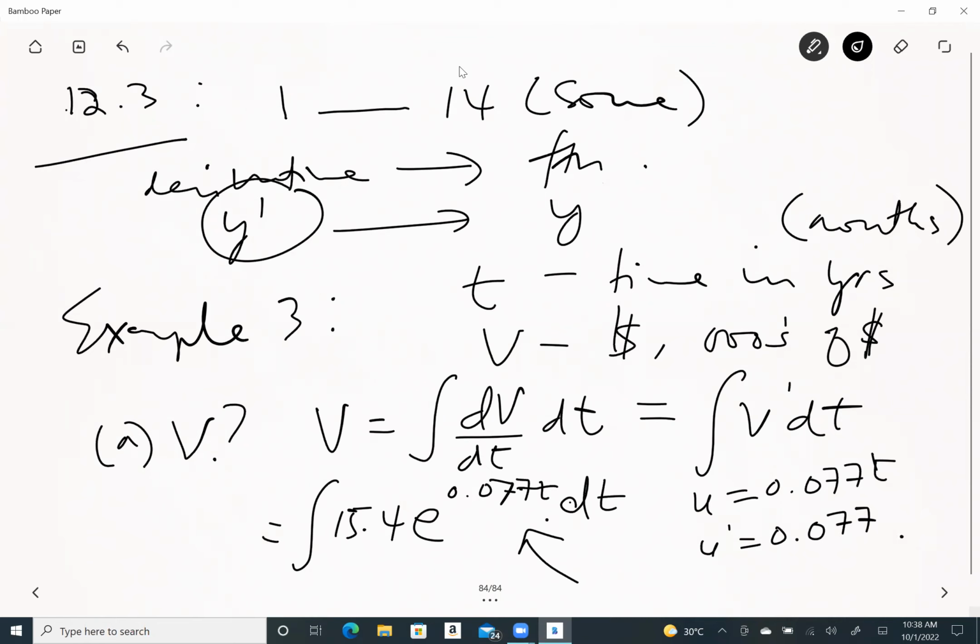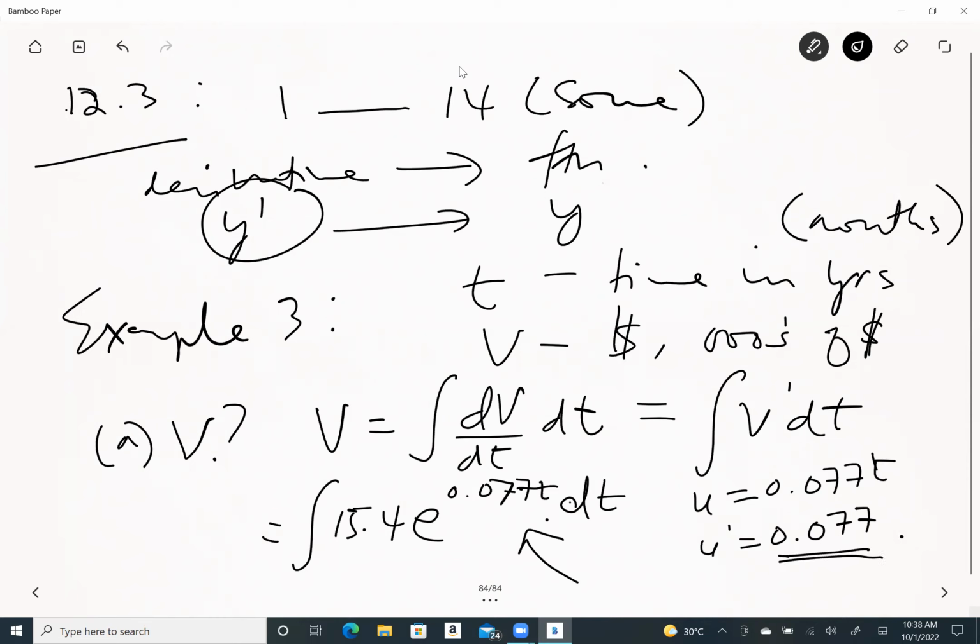You don't multiply by 200, because we don't get it that way. What do we multiply that with? Not 15.4. You need u prime, which is 0.077.